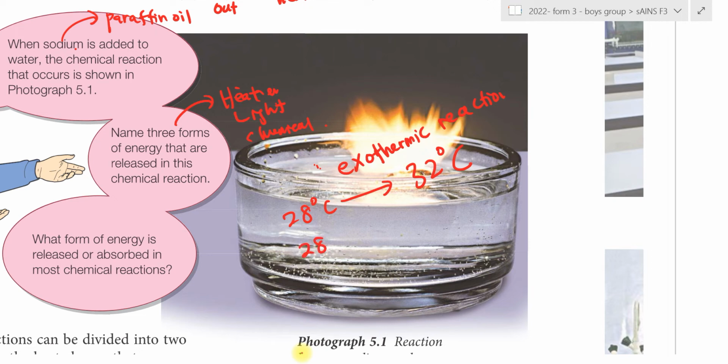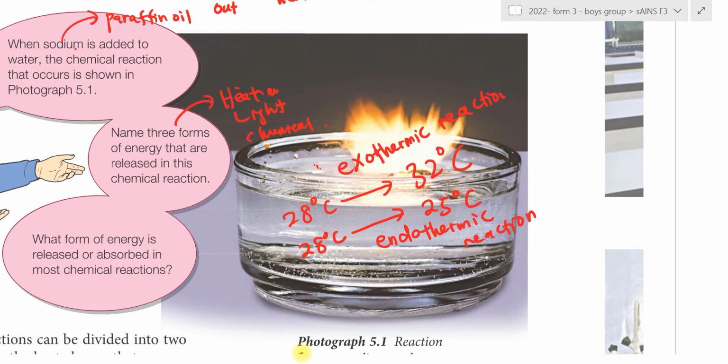Let's say it is 28 degrees Celsius, and after you do a reaction and test the water temperature, the temperature drops for instance to 25 degrees Celsius. That means heat is absorbed from the surrounding. Heat absorbed, goes inside. So it is an endothermic reaction.